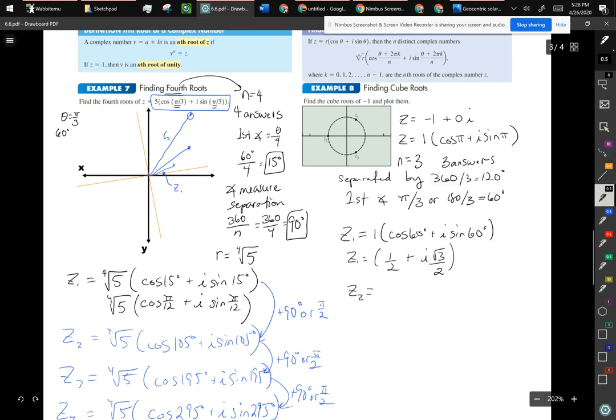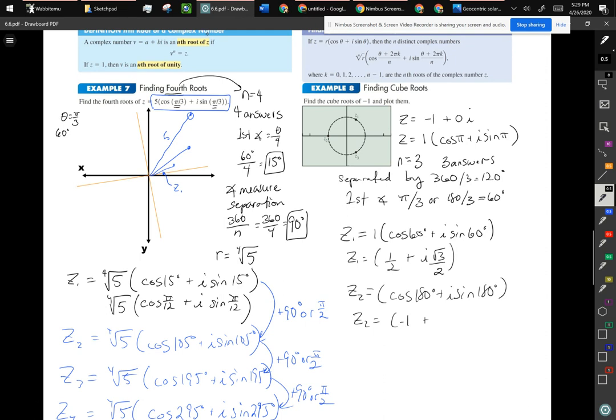So that means that the next one is going to be, let's see, cosine of 60 degrees plus 120, yep, that's 180, plus i sine of 180. And so z2 is cosine, which is -1, plus i sine of 180.